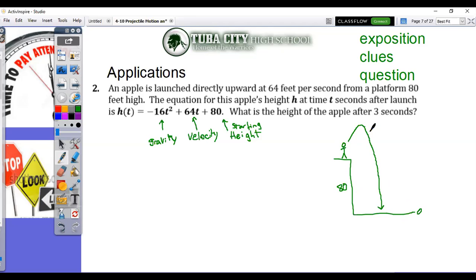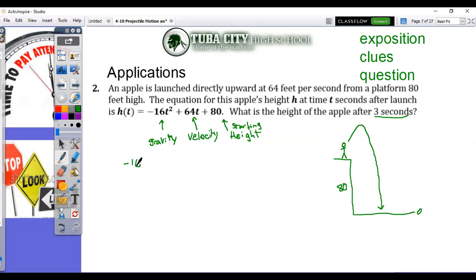So let's go ahead and calculate this out. How do we figure out the height of the apple after 3 seconds? This function is telling us height in relation to time is this formula. So h of t is the way you would read that. So what we're going to do is plug in 3 seconds.